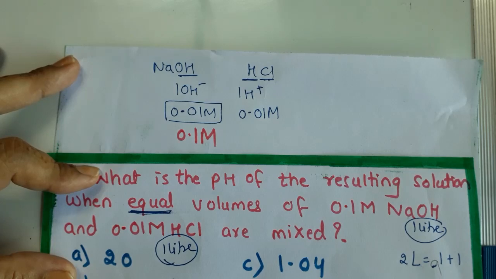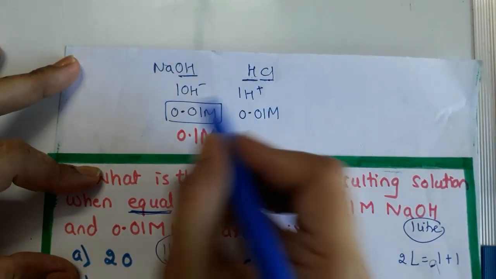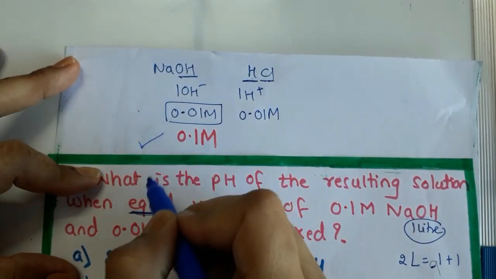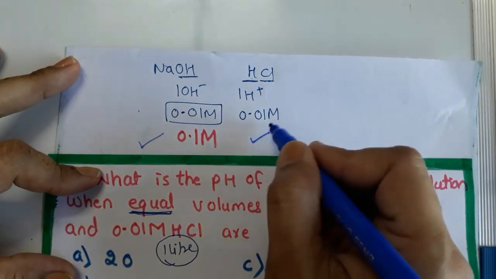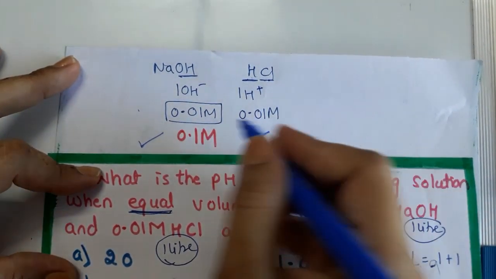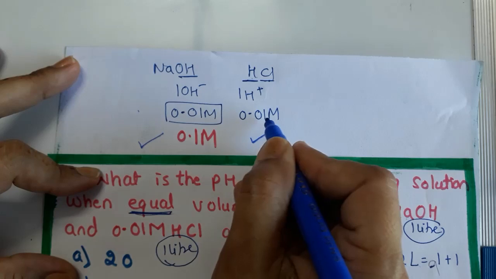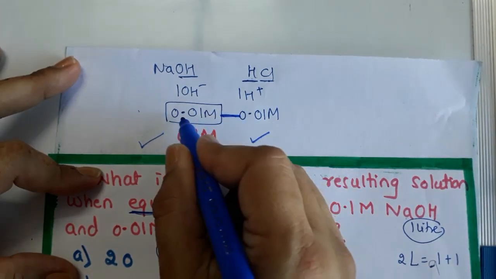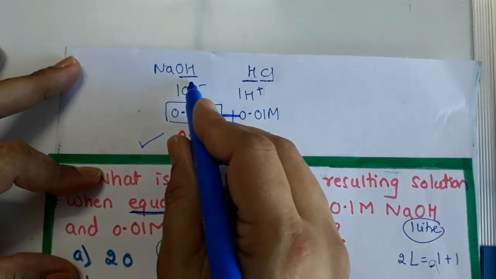So when you mix these two solutions, one having 0.1 concentration and another 0.01 concentration, 0.01 will neutralize only 0.01 mole of NaOH.